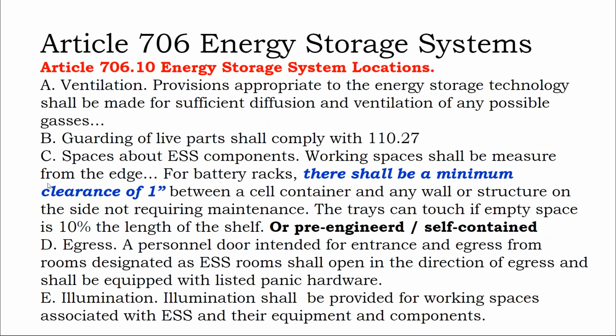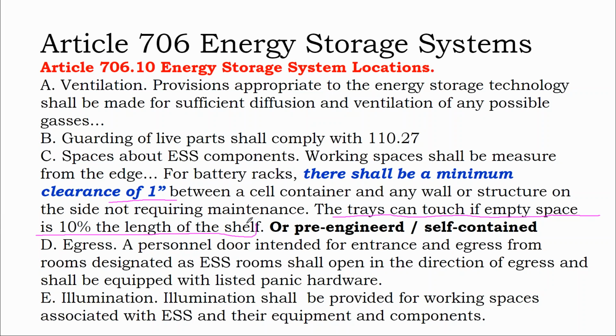So here's the one we talked about earlier where there needs to be a minimum of 1 inch clearance between the battery and the wall. Well, then you go and see nice pictures of like the Tesla Powerwall being mounted in a garage. It says the trays can actually touch the wall in two circumstances.